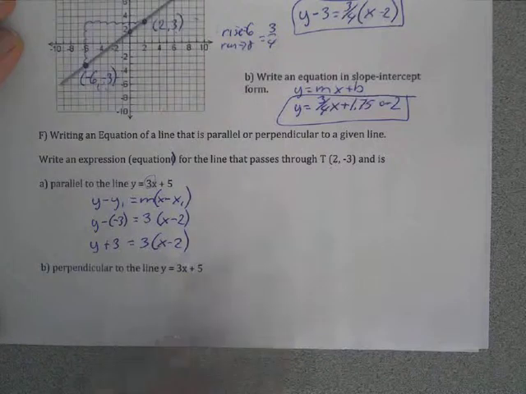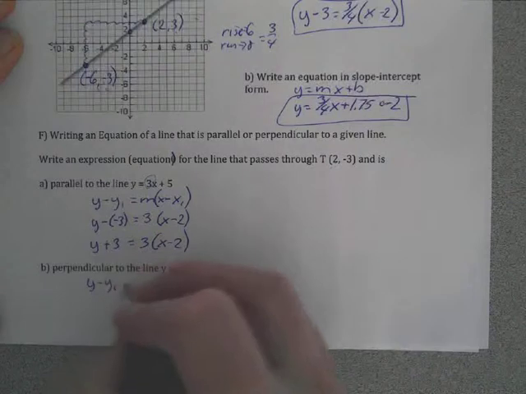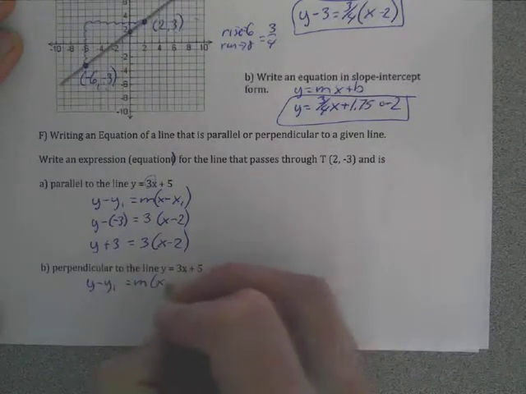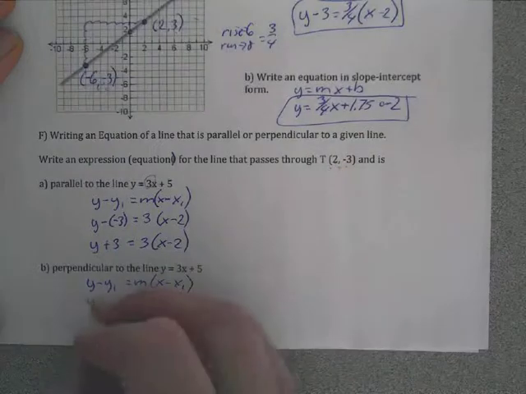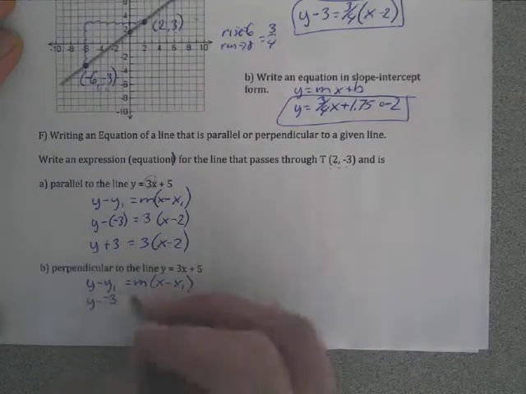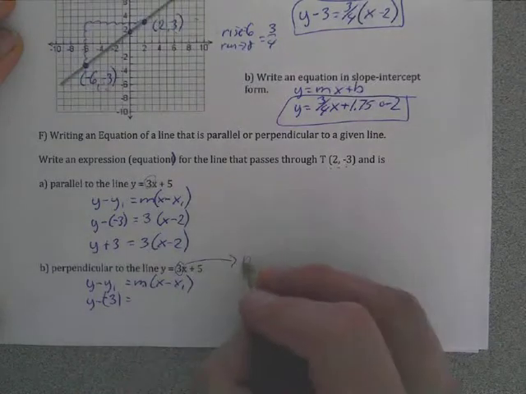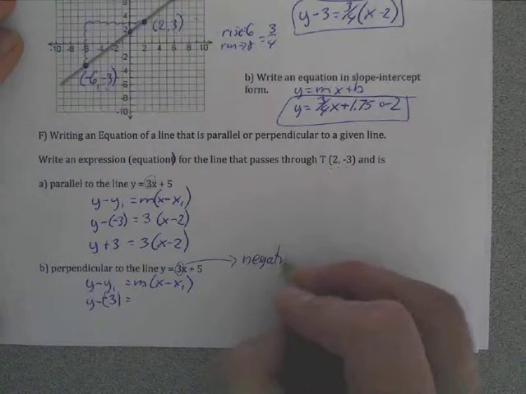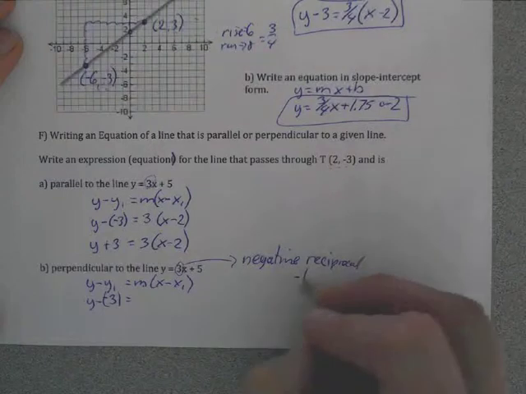So doing the same format, we now have to write a perpendicular line with this. Same point. So I'm going to use the equation y minus y1 is equal to m times x minus x1. The point is 2 and negative 3. So y minus negative 3 is equal to the slope. Now the slope is 3 here. We want the negative reciprocal, which is negative 1 over 3.